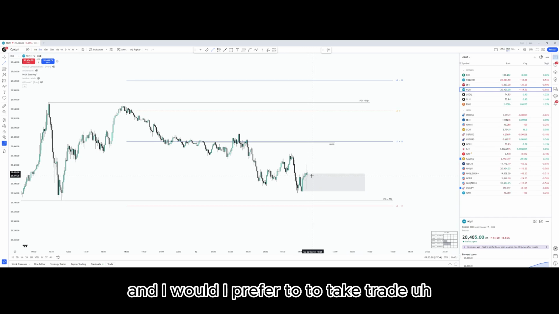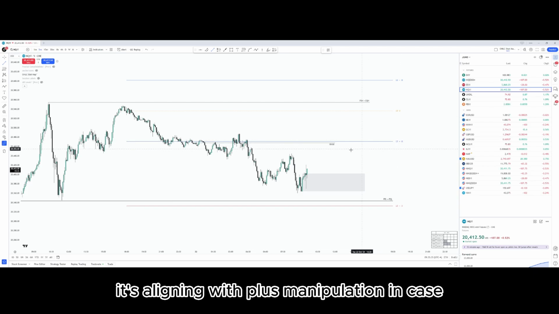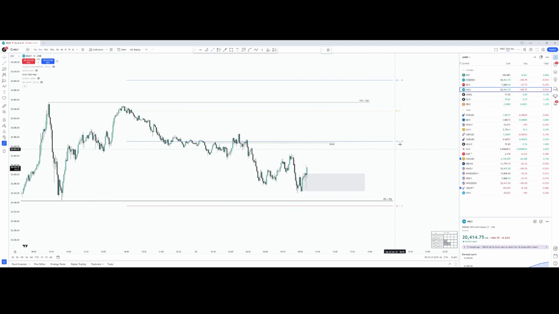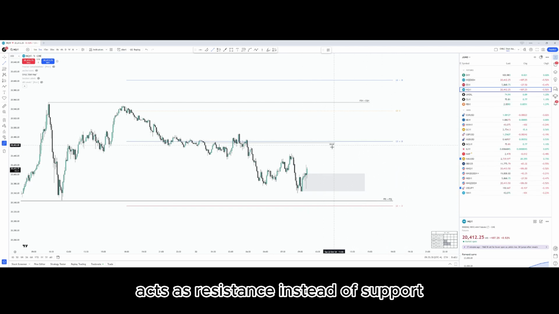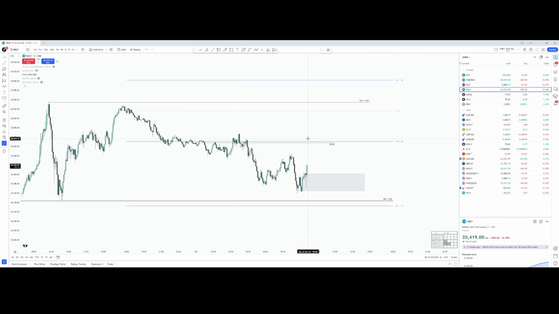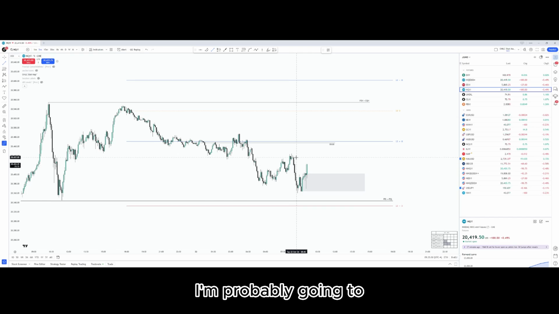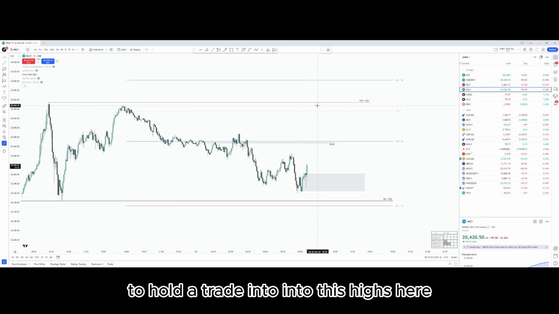I prefer to take a trade way below midnight towards midnight and exit at midnight. That is aligning with plus manipulation in case this manipulation level acts as a resistance instead of support, as we did in London session. But if we get a trade around here, I'm probably going to hold the trade into these highs here.